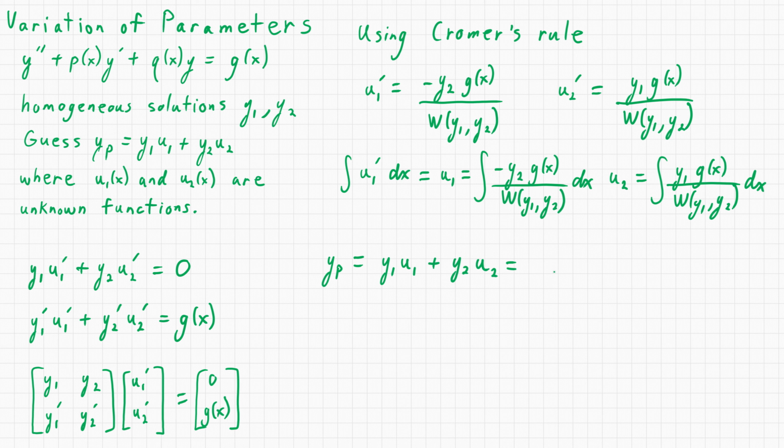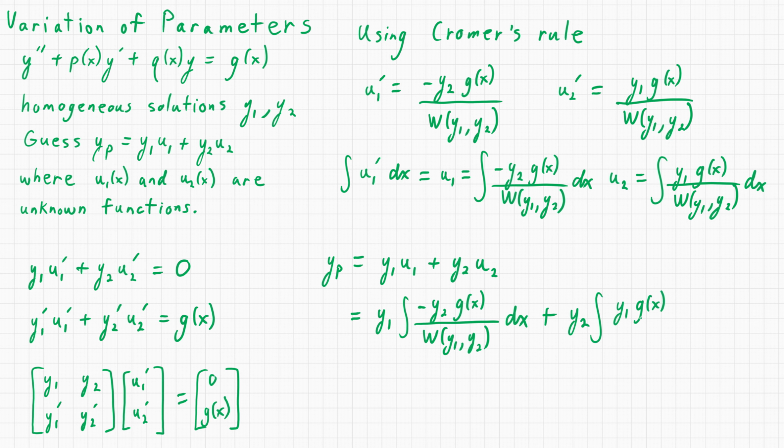Well, if we plug stuff in, and I think I'll do it in 2 lines here, that's y1 times indefinite integral of negative y2 g of x over the Wronskian y1 comma y2 dx plus y2 times u2, which is indefinite integral of y1 g of x over Wronskian of y1 comma y2 dx.